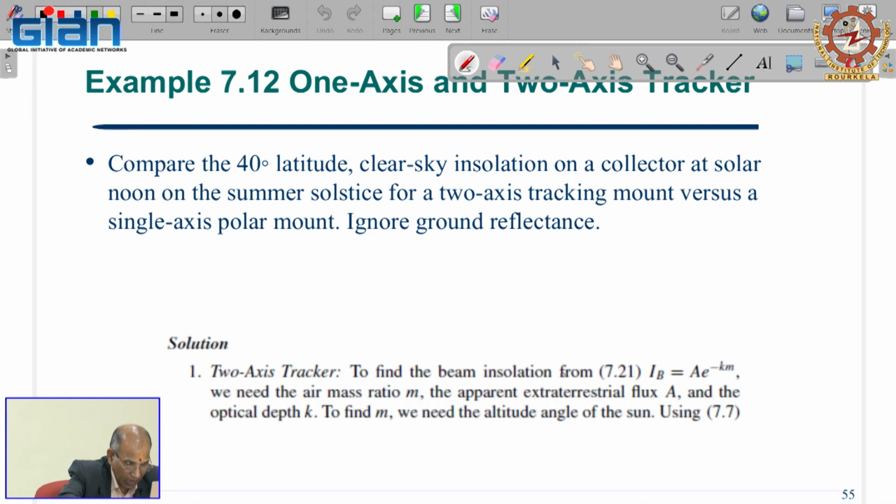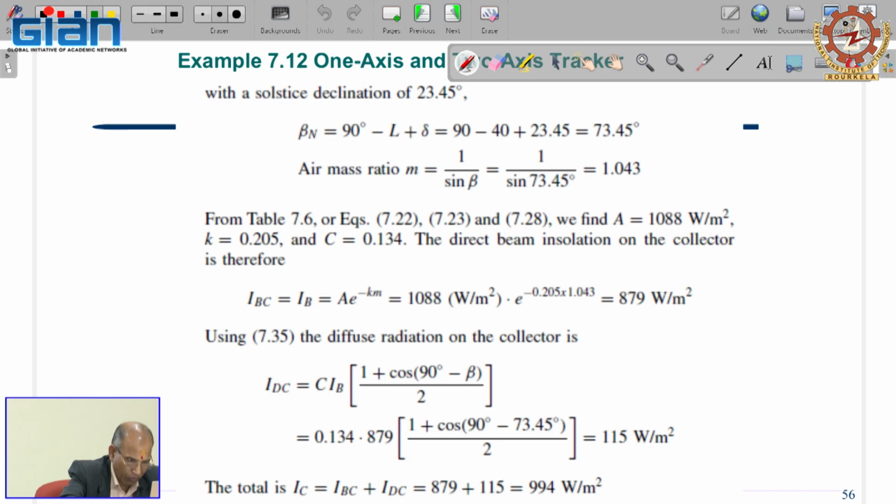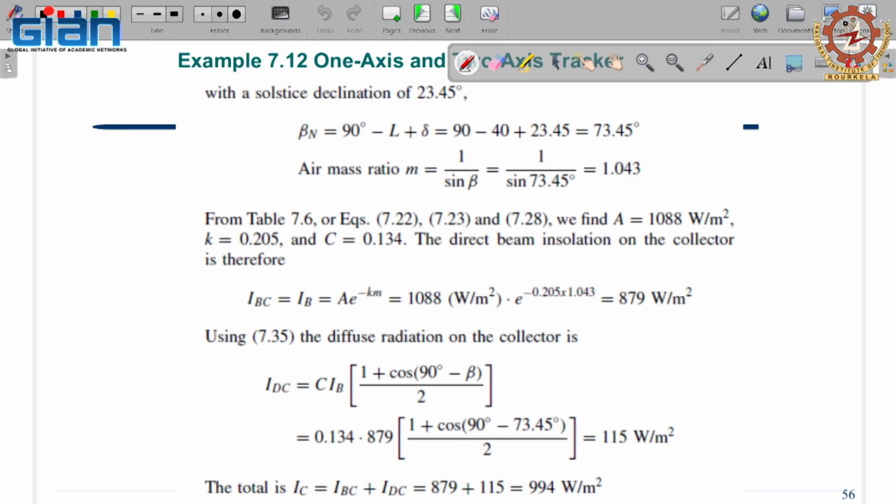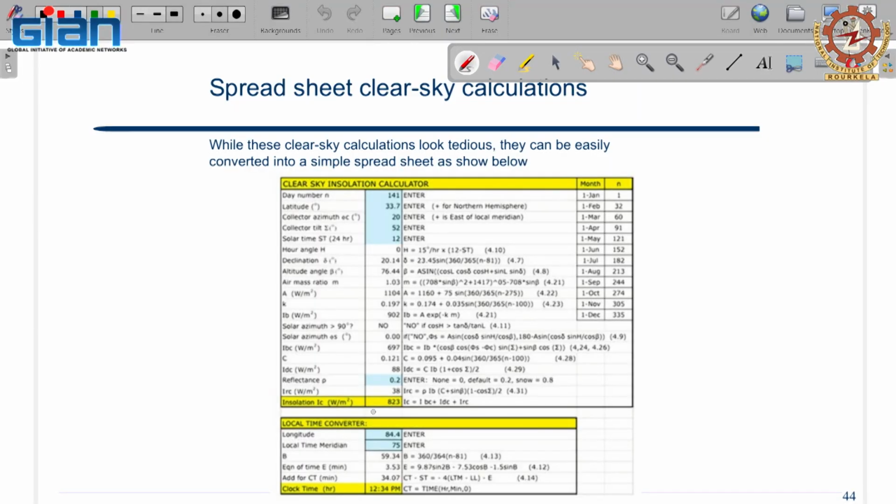I am not going into very much detail, but you will find all this calculation straightforward. If you recall that Excel sheet, the total insolation level we had in the previous case was 823 for the fixed mounting system.